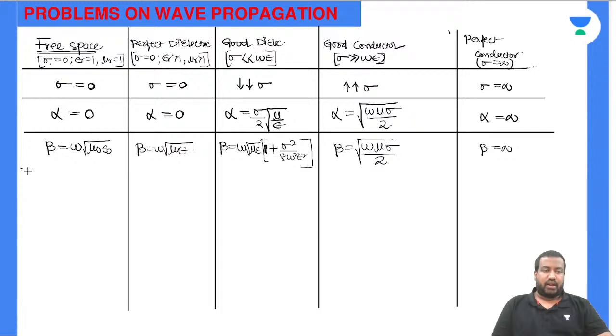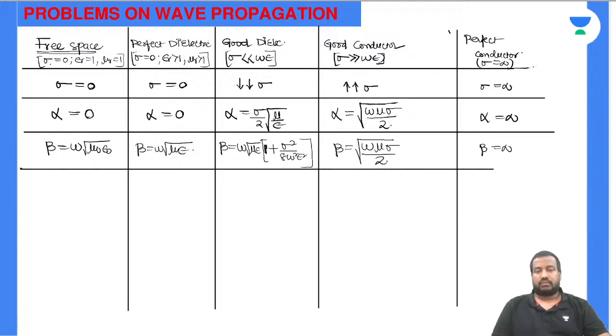Again, if you see the journey of beta here, here the value is least. The least possible value is omega into under root of mu naught epsilon naught.